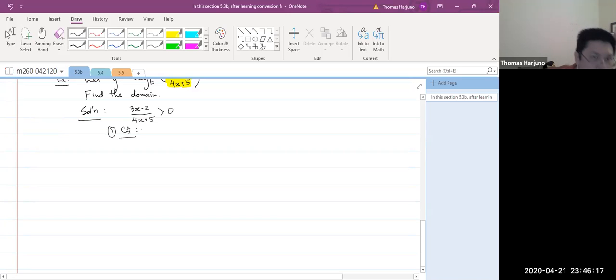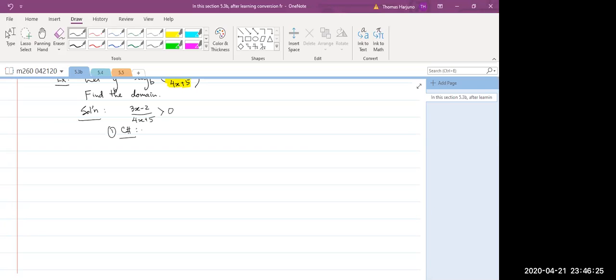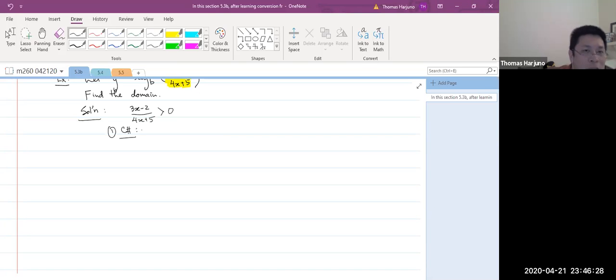I believe I penalized you enough that you now know you have to write that 1, 2, 3. Why do you have to write that 1, 2, 3? Because there are details in each one of them, especially in step 2. I don't want you to jump the steps and then later on get the answer only by luck. Once you make math into a guessing game, then there's no more organization there. So critical numbers: on the numerator, we have x equals 2/3. On the denominator, we have x equals -5/4.